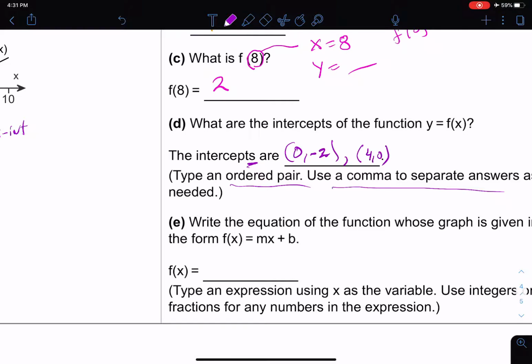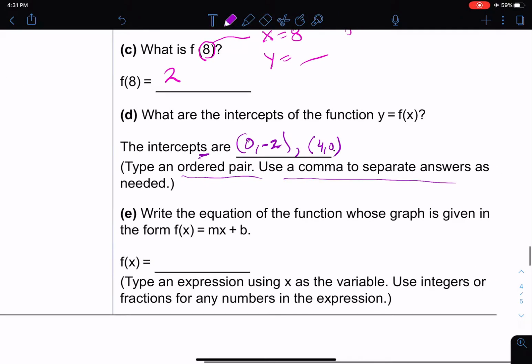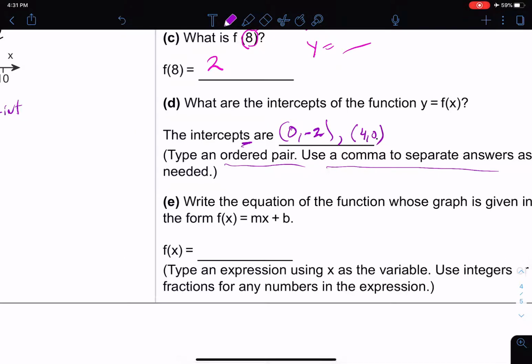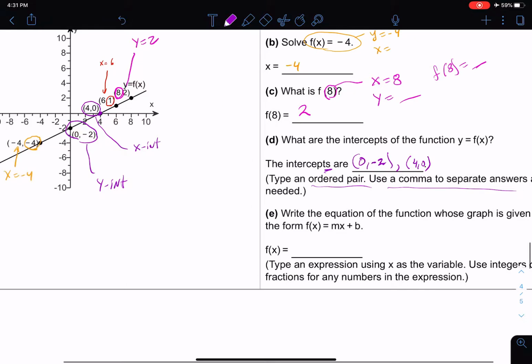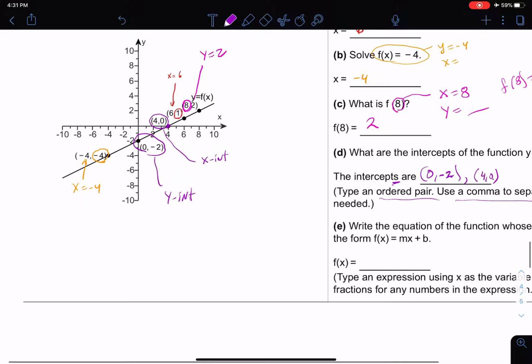Okay, what's next? Write the equation of the function whose graph is given in the form of f of x equals mx plus b. So we're going to need to write this equation. Well, we do have the y-intercept right here. So that is the b value, right?